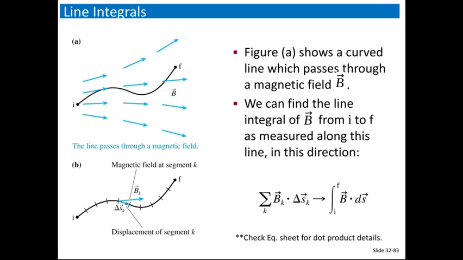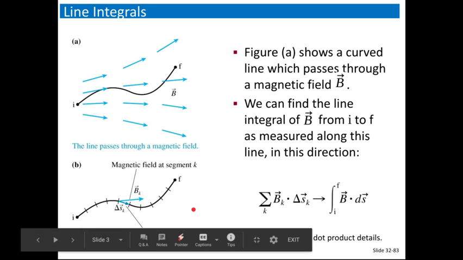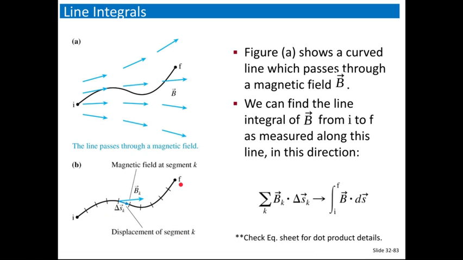How much of one vector, vector A, is in the direction of vector B? That is on the AP Physics equation sheet. The dot product A dot B is A times B times the cosine of the angle between them. When we take what is called a line integral, that's what we're doing.